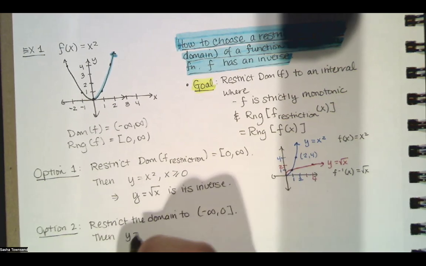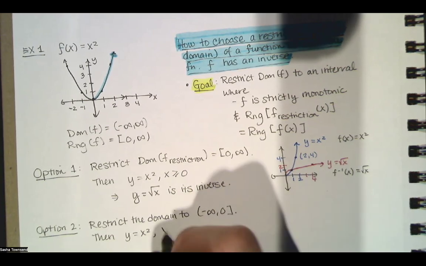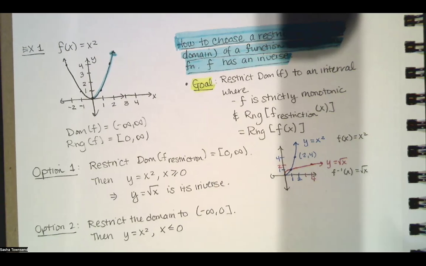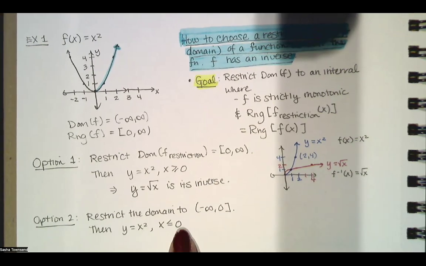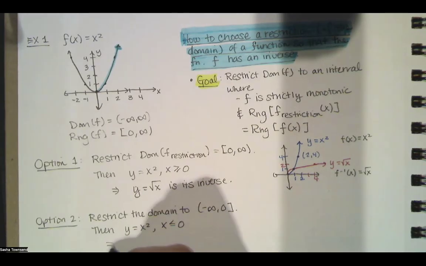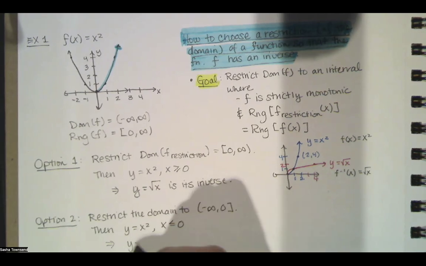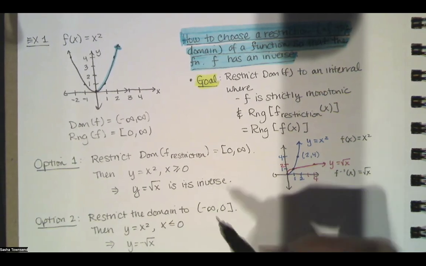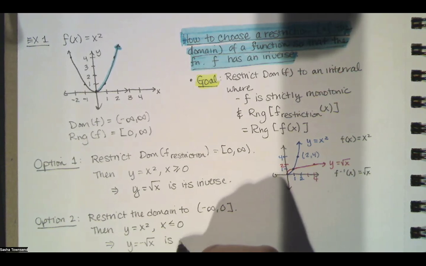Then y equals x squared, where x is less than or equal to 0, is our sort of restriction of that original function. And that implies that y equals the negative square root of x is its inverse.